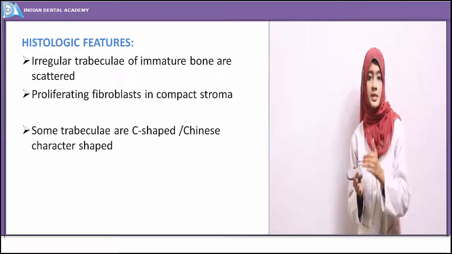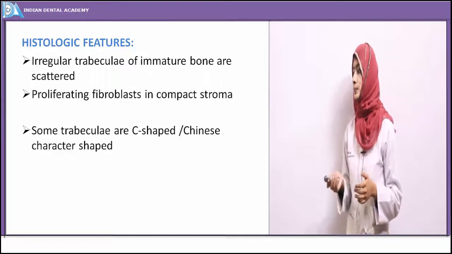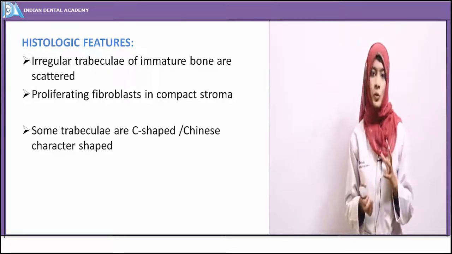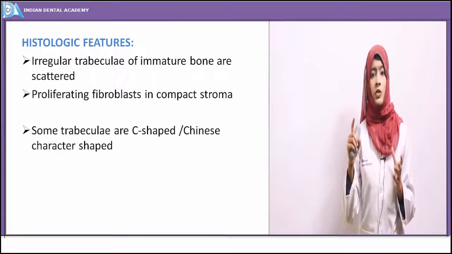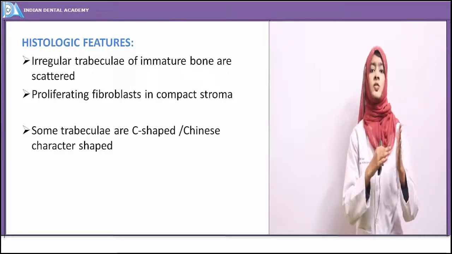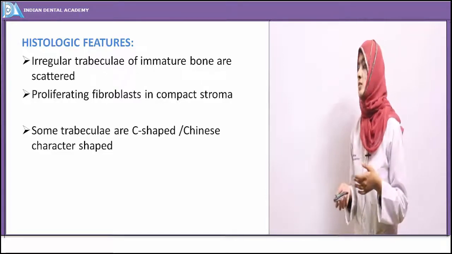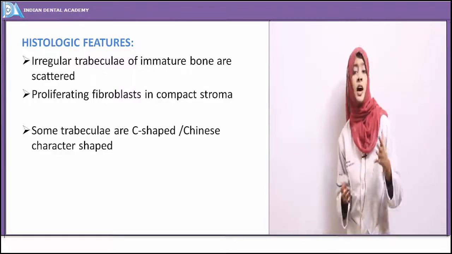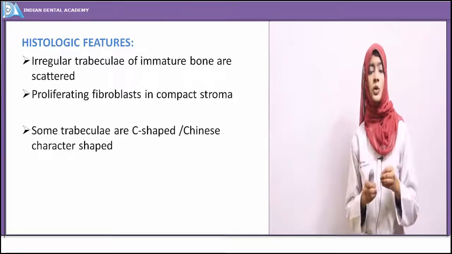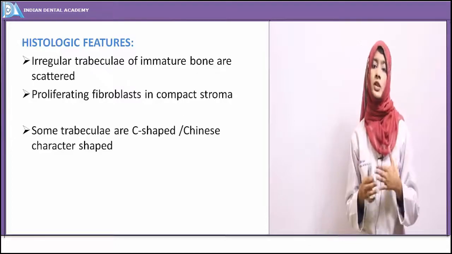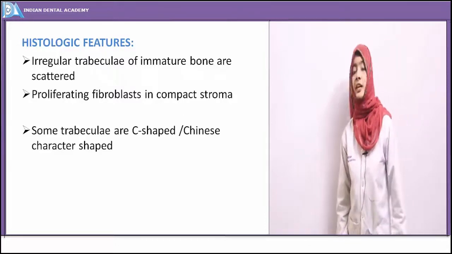The osteoblasts are reduced in number, and immature bone or irregular trabeculae of bone is seen. These irregular trabeculae give a C-shaped appearance, also known as the Chinese letter pattern. These trabeculae are immature, very few, and disorderly arranged, giving the C-shaped or Chinese character shaped appearance.